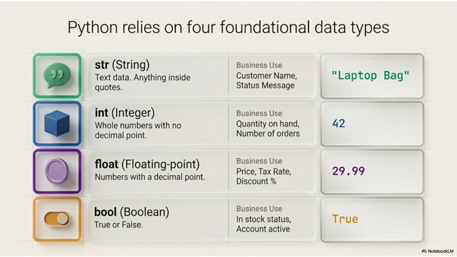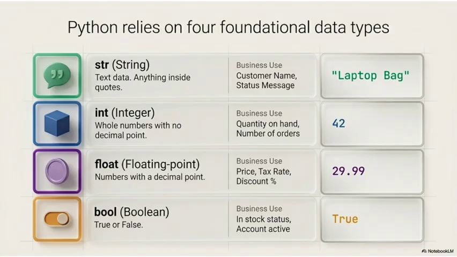Python uses 4 foundational data types, and each one maps directly to something you'd recognize in a business context. Strings, or str, hold text: customer names, product descriptions, status messages, anything in quotes. Integers, or ints, hold whole numbers with no decimal points, like quantities on hand, the number of orders, or any count of items.